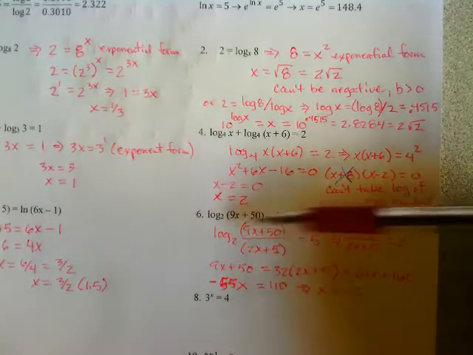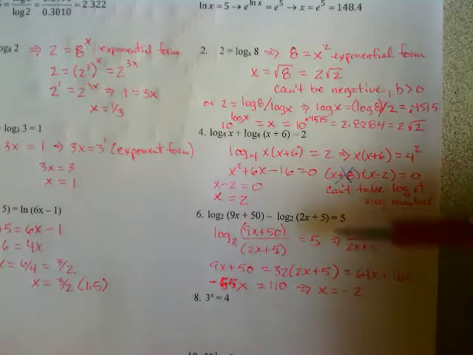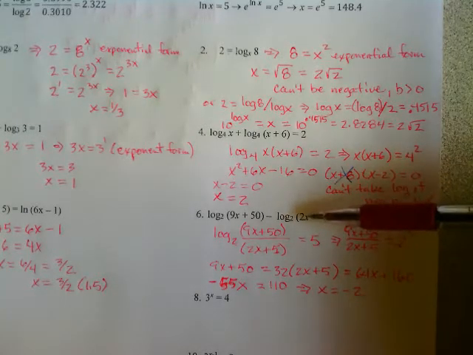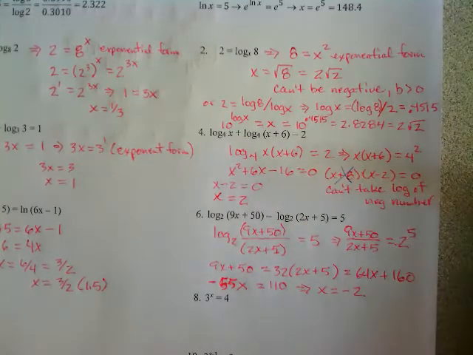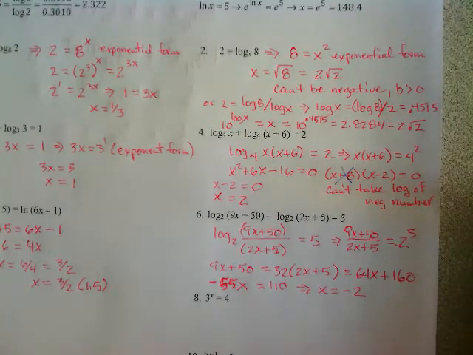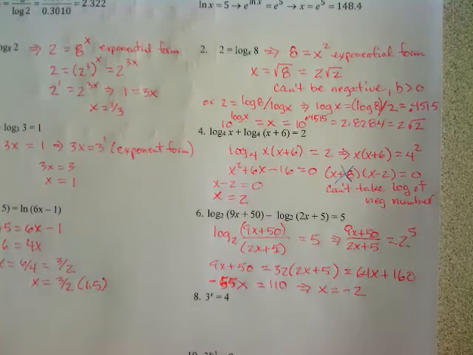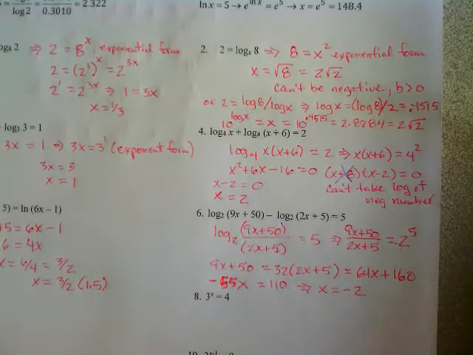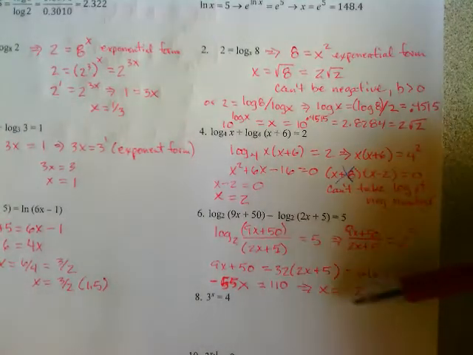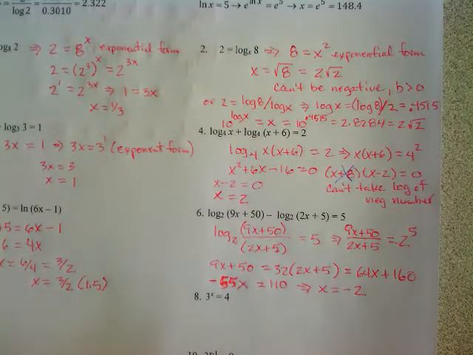That's still positive. And over here I'll have 2 times negative 2, which would be negative 4. Negative 4 plus 5, well, that would be 1. And so that again would be a positive number. And so in that case we could do things. So sometimes we throw things out because it would be negative. We're not allowed to do it. But in other cases we can have a negative number.